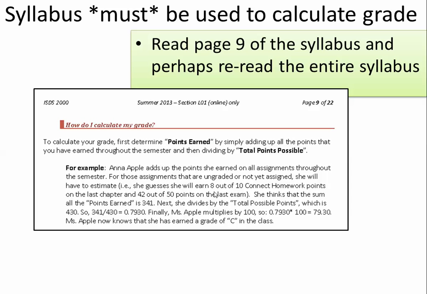Again, talking about the syllabus, maybe flip back a few pages to page number 9. Here's a section, how do I calculate my grade? And I give you this example with Anna Apple. This is just to say to you, to try to make it easier for you, I weight everything using points. For example, your homework is 10 points, but exams are 50 points, right?